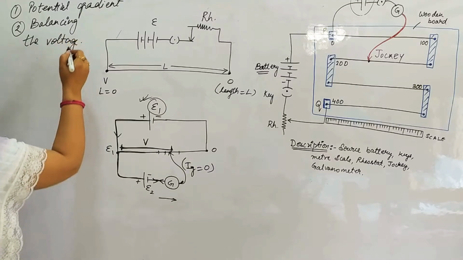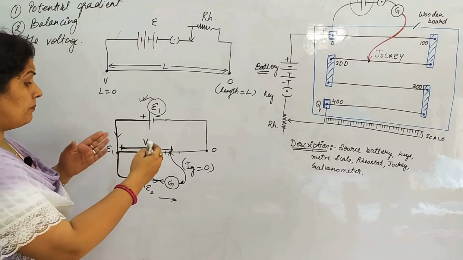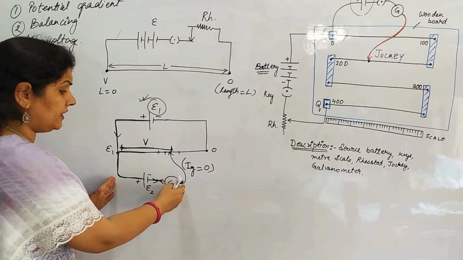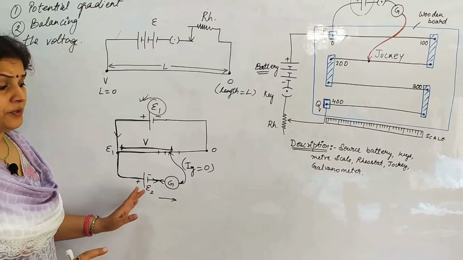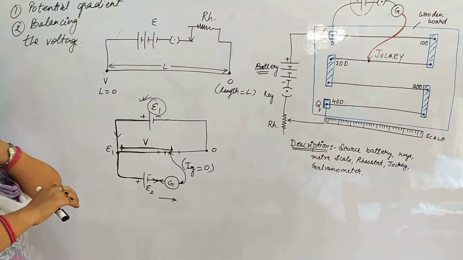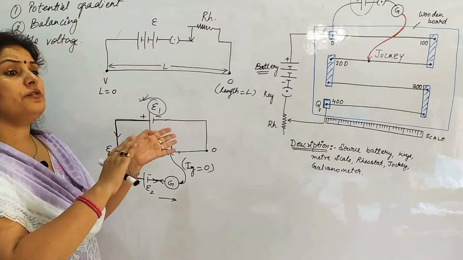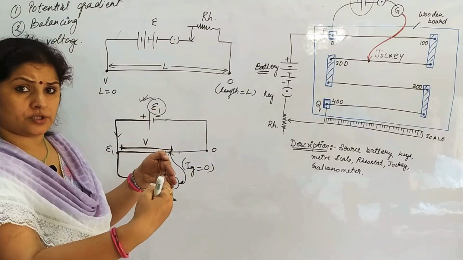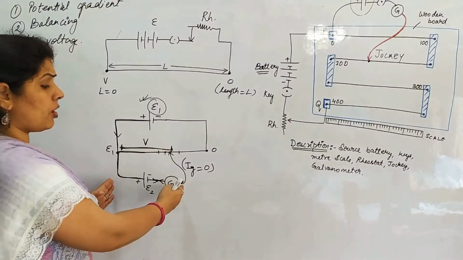What we have done here is that the voltage drop by E1 is equal to the voltage generated by E2. So this method is also called the null deflection method. Null deflection method means that somewhere we will find a point at which the potential drop of the source is equal to the potential of the other cell.